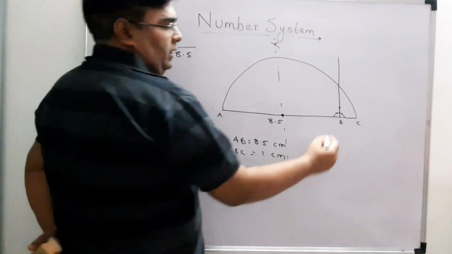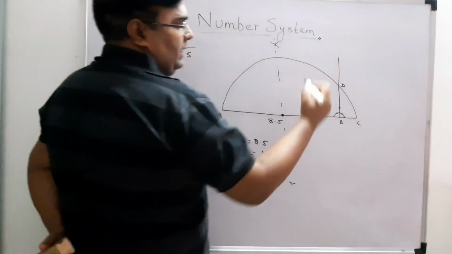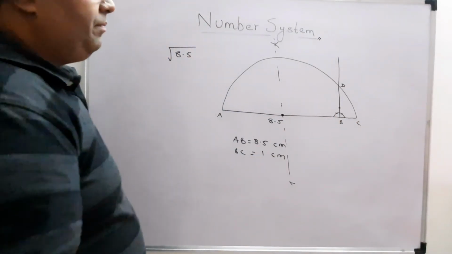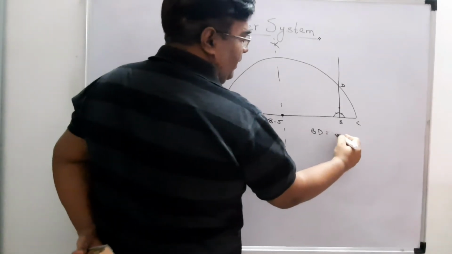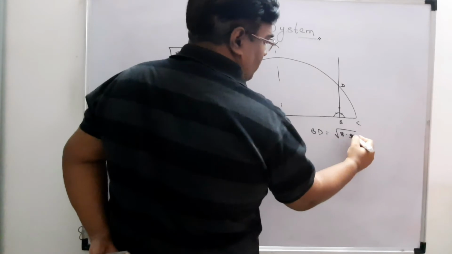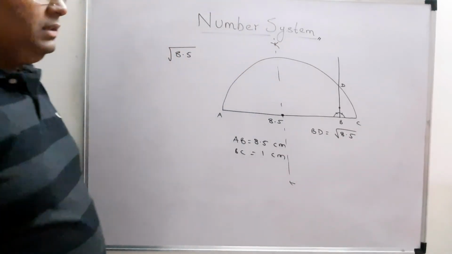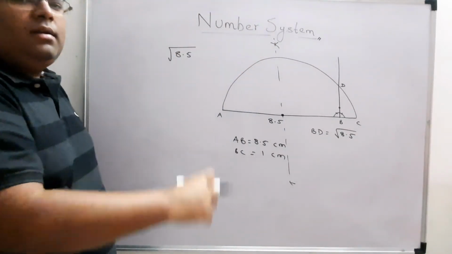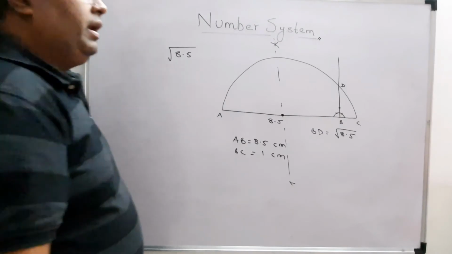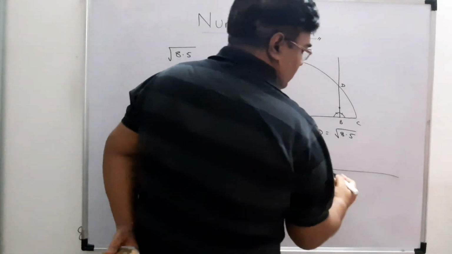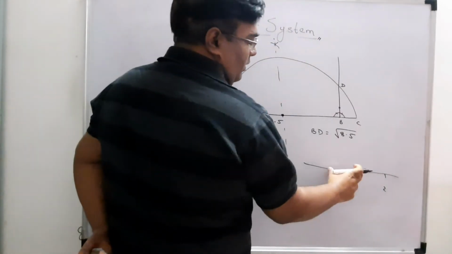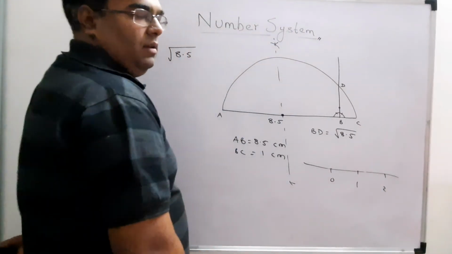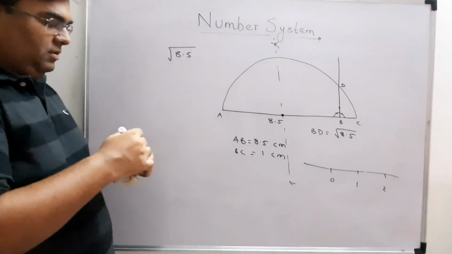Now name this point as D. This BD is basically my root 8.5. Take this measurement and mark it on number line. So if you have 0, 1, 2, take this measurement and mark this wherever it is, right?